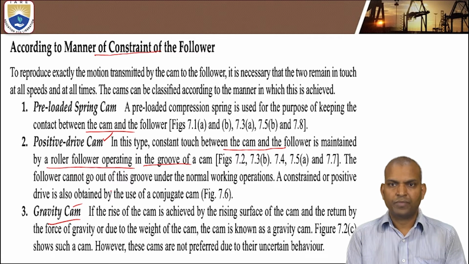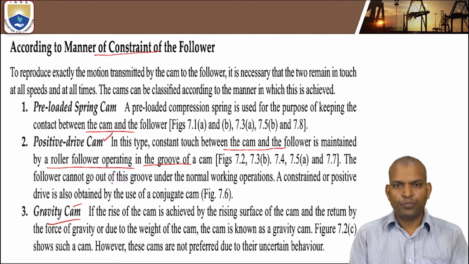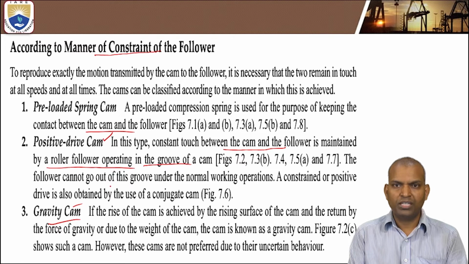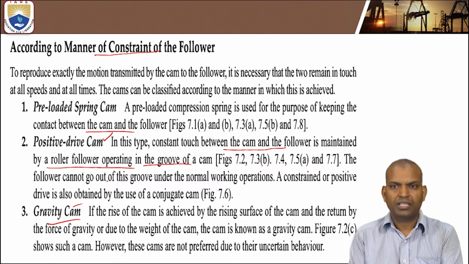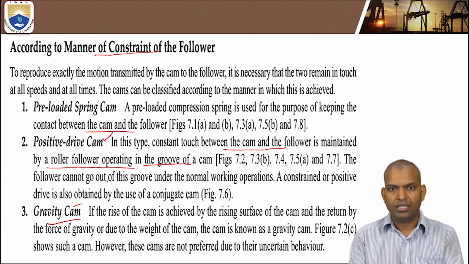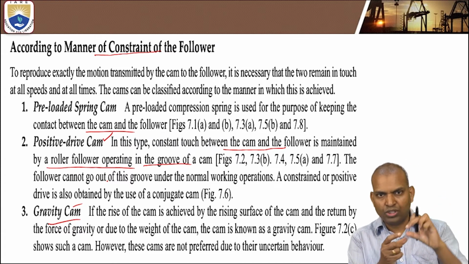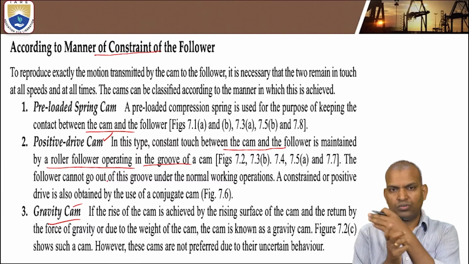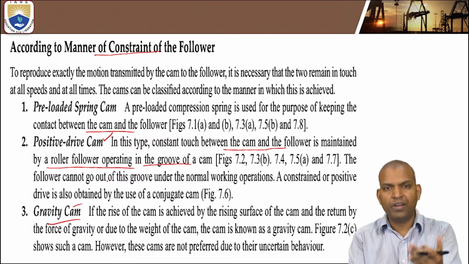So what is the advantage of the positive drive cam? Why do we call it positive? Because the follower cannot go out of the groove. Under all normal working conditions, it will not go out; it exactly follows the groove, with no going away from the track.